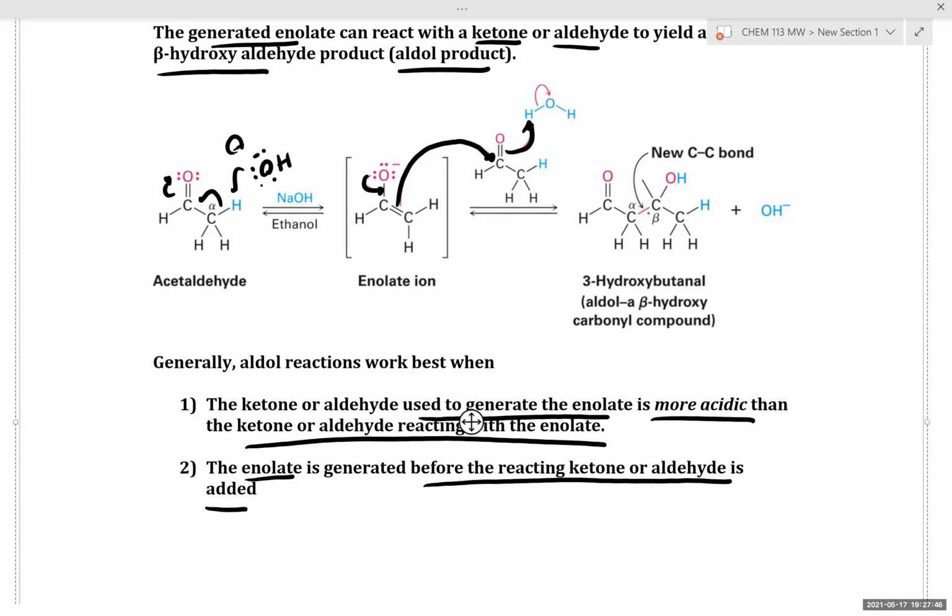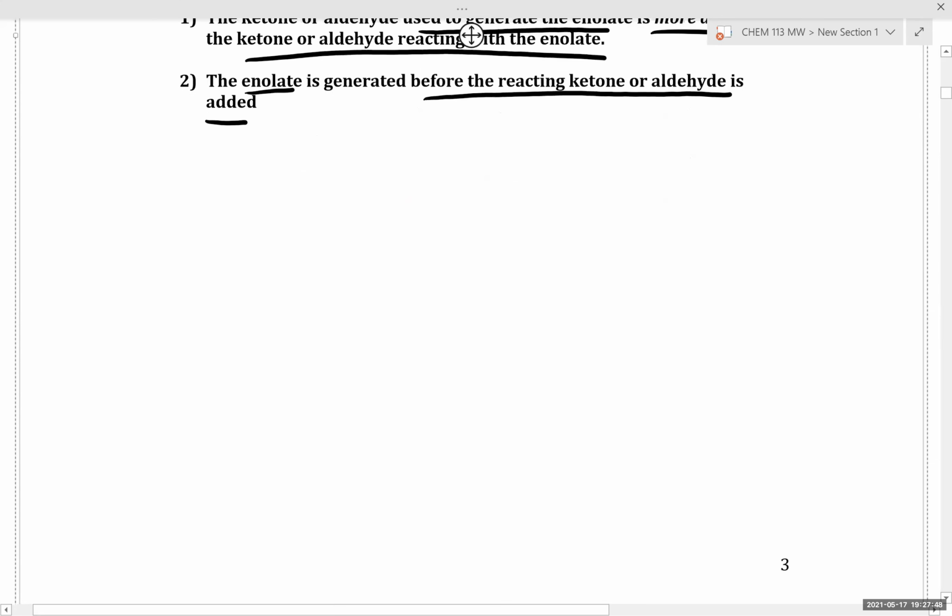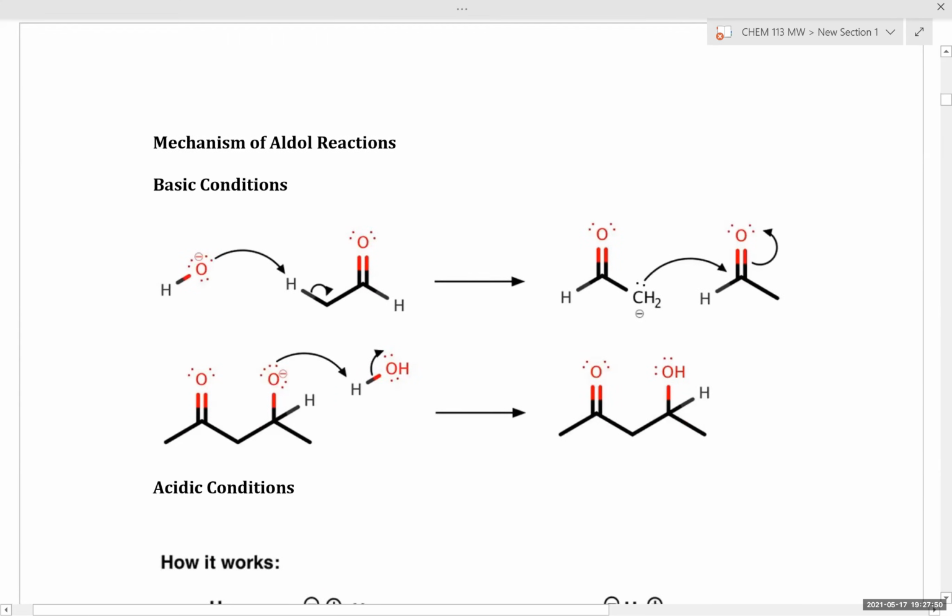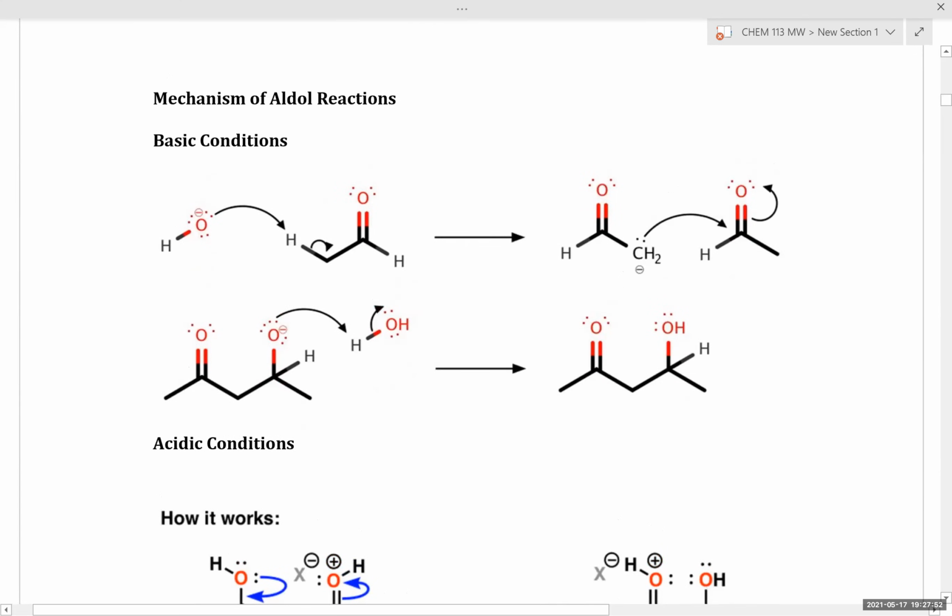So, building on this, let's talk about the mechanism of the aldol reaction. Under basic conditions, your base pulls off an alpha proton and we generate the enolate.